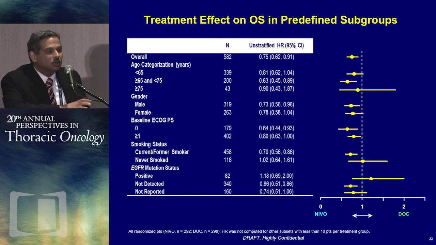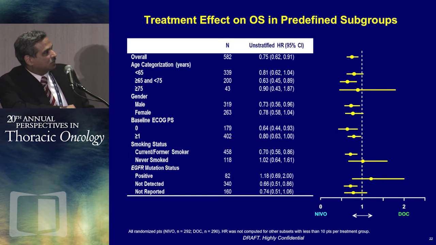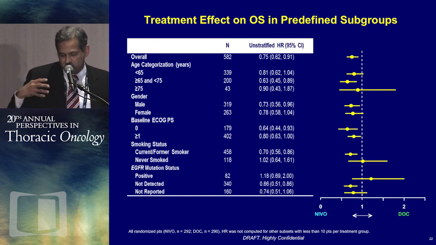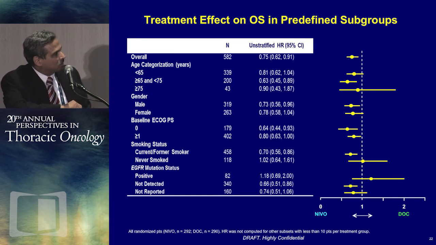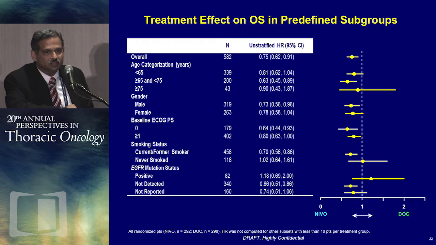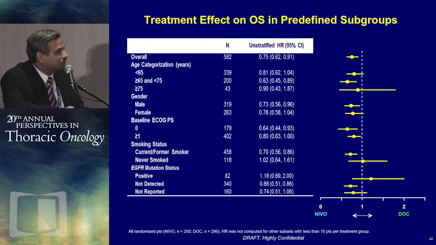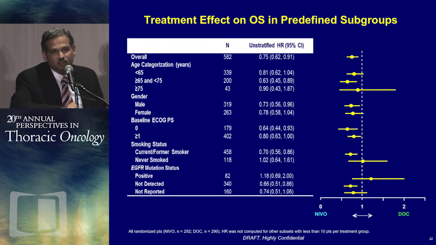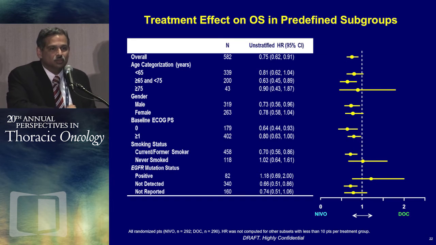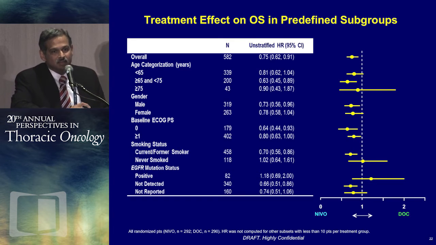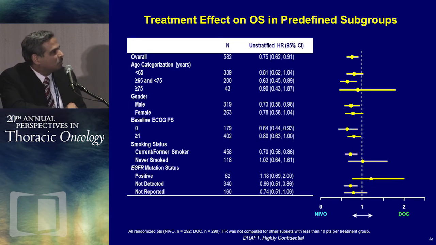Now, it's important to look at the subset analysis that was presented, because it does jive with what is seen in the clinic: in general, never smokers don't appear to derive as much benefit as patients who are current or former smokers. In my own practice, I really have not seen any of these drugs work in a never smoker, though if you look at some of the database, there does appear to be a response rate of about 8 to 10% in never smokers.